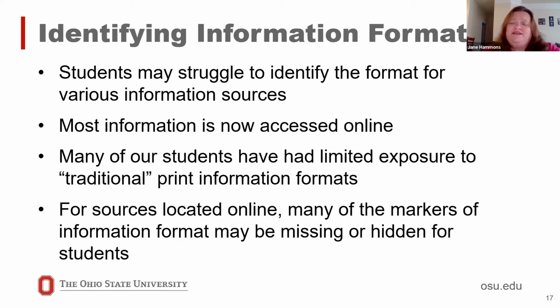Identifying information formats. Again, this is something that we've already talked about, but it's definitely something that I've seen, and I know that most of you have seen as well. It's just identifying the format of an information source. You know, give students a link and have them go out and look at this. Is this a website? Is this a blog post? Is this a news article? Is this a scholarly journal article? Because most of the information is now accessed online directly through links, it ends up all looking the same.